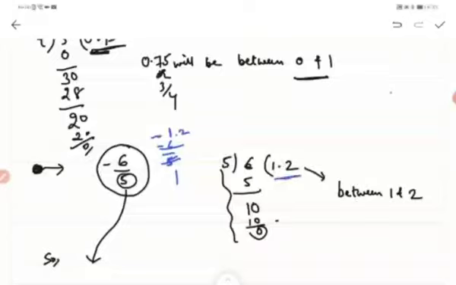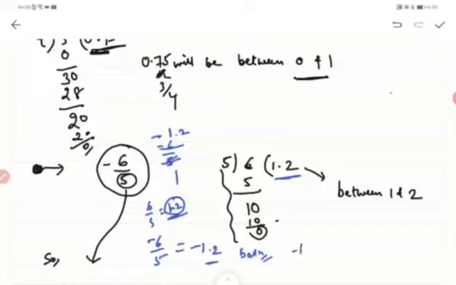Now your 6 by 5 is nothing but 1.2. So what do you understand by this? This number is a little greater than 1. So with the minus sign, -6 by 5, which equals -1.2, will come somewhere between -1 and -2, isn't it?